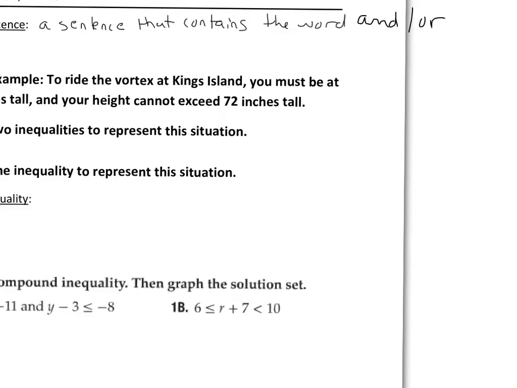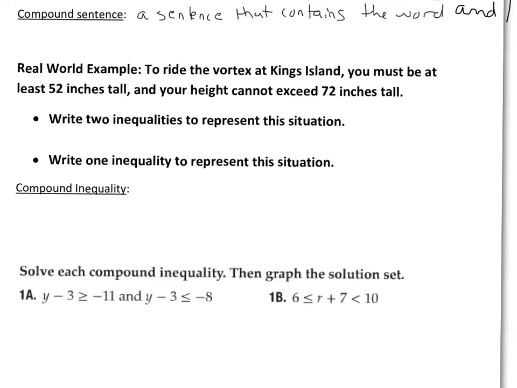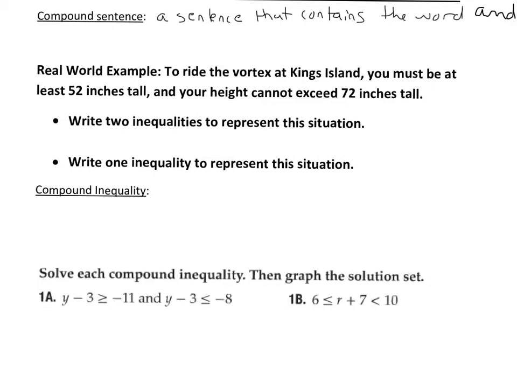Okay? All right, and I'm actually going to give you an example here of a sentence, and then we'll take a look at what that actually means.